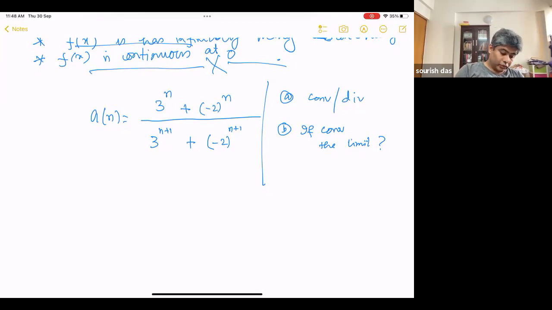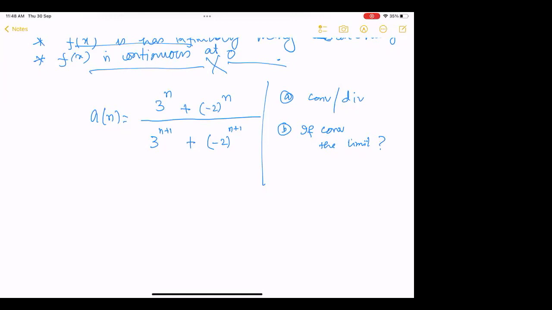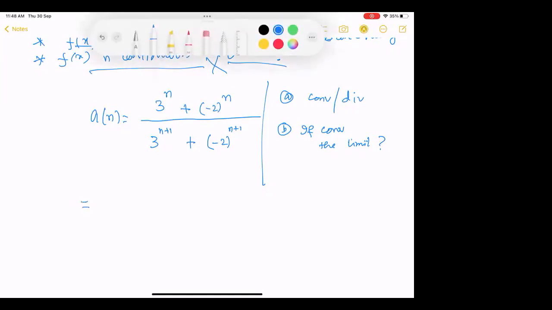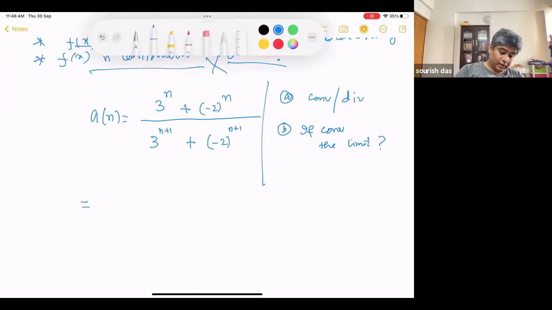So you are saying divide the entire thing by 3 power n.